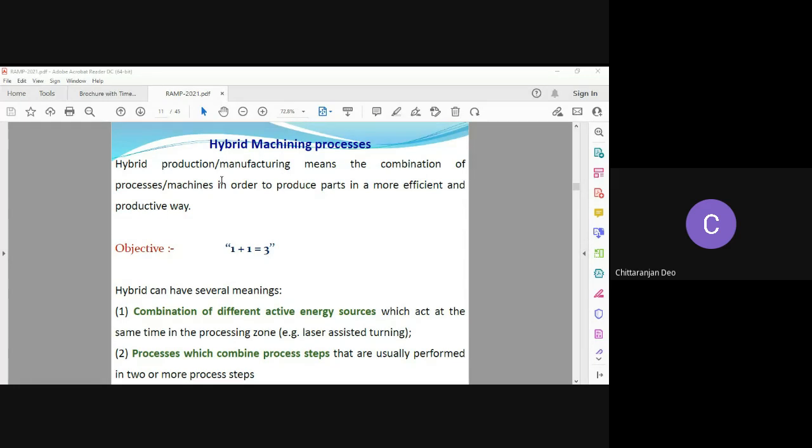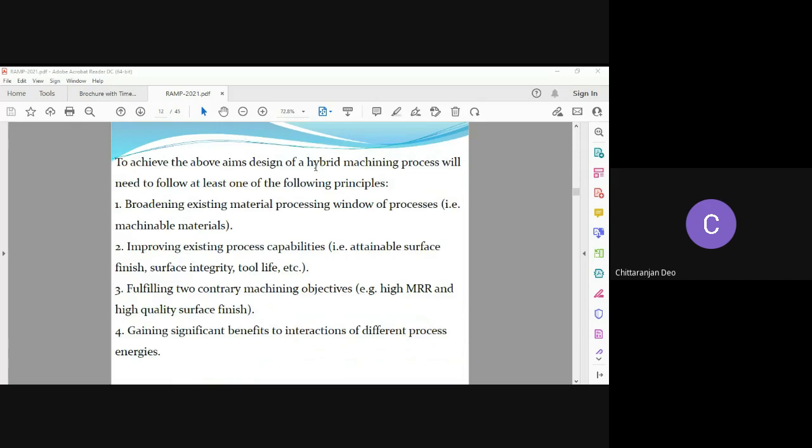In addition, being cost effective and not causing hazard and toxic waste are also important design principles for a hybrid machining process.